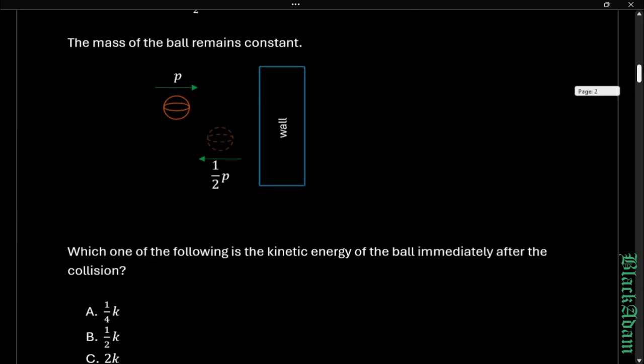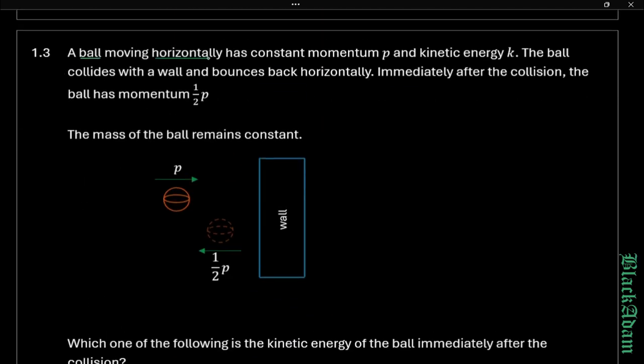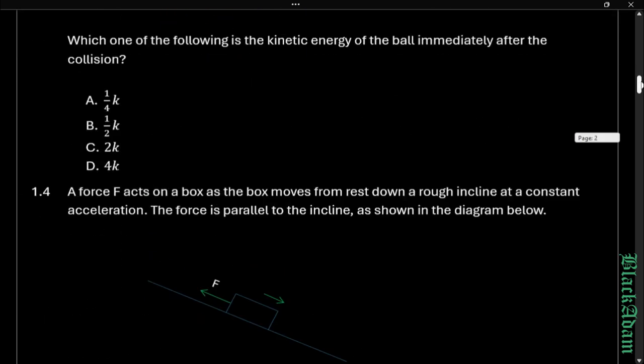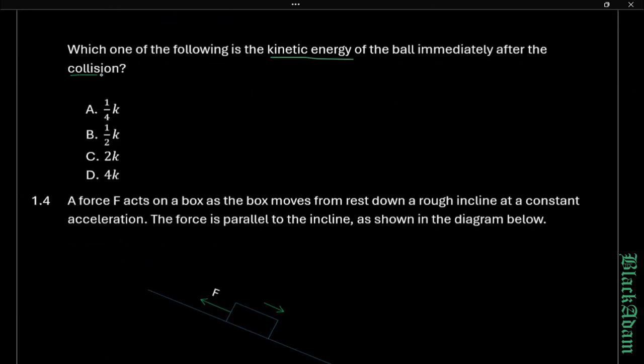Coming to 1.3, we have a ball moving horizontally at constant speed. You can pause and read, just do it fast to save time. The mass of the ball remains constant, and we need the kinetic energy after the collision.